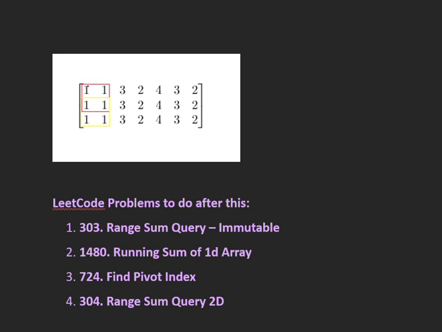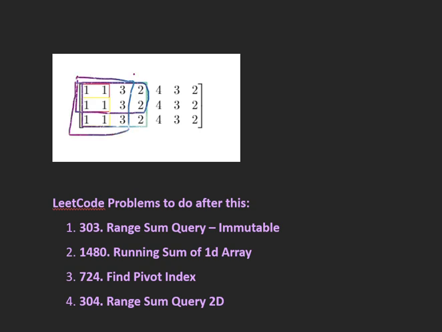Suppose we want to calculate the sum of this rectangle. So what we have already calculated, right? We have already calculated the sum of this rectangle, and we have the sum of this rectangle.